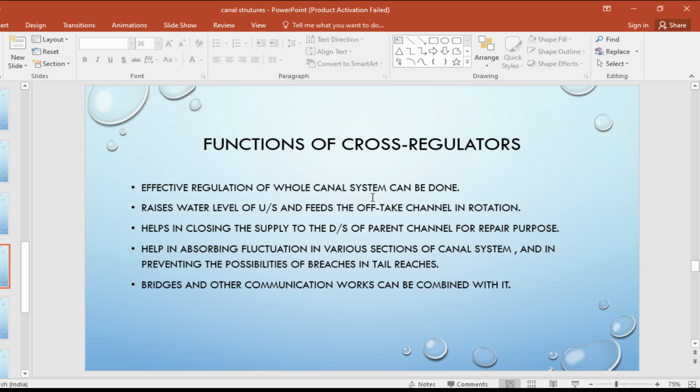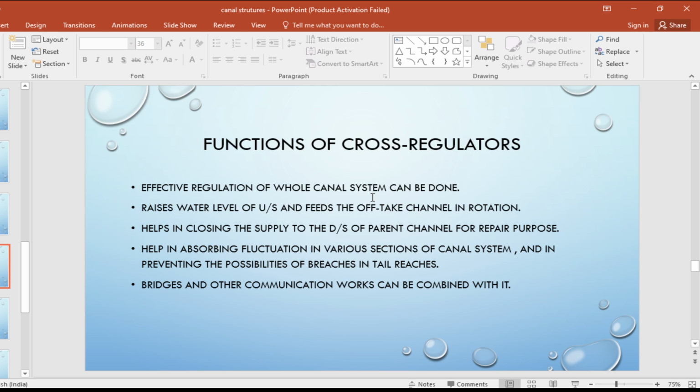Next is they help in absorbing fluctuations in various sections of canal system and in preventing the possibilities of breaches in the tail reaches. Okay, here the cross regulator prevents the possibility of breaches.